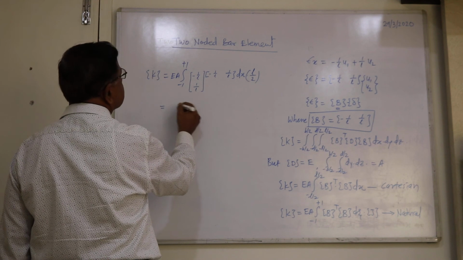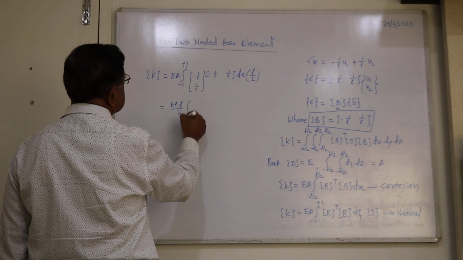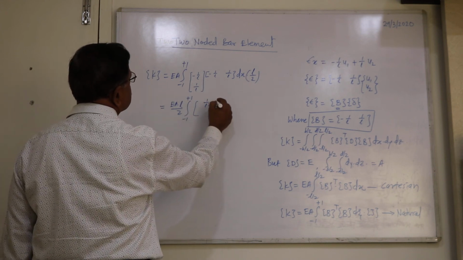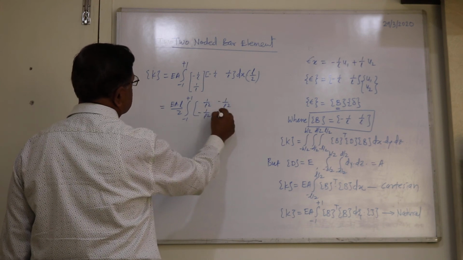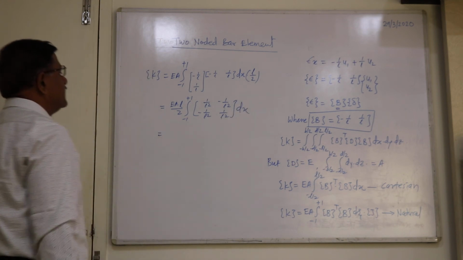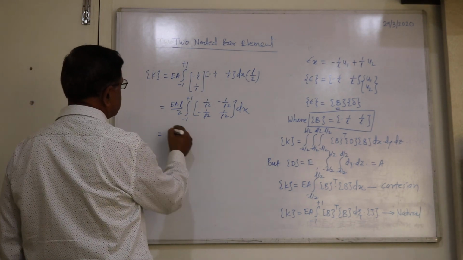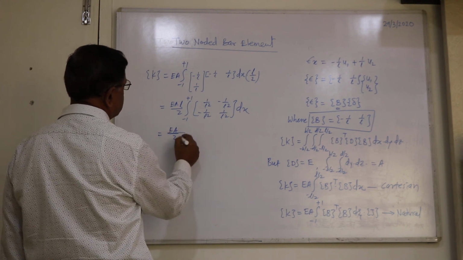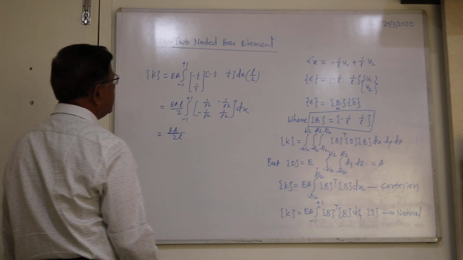So we can take outside EA L upon 2, integration -1 to +1, and this product is 1 upon L square, -1 upon L square, -1 upon L square, and 1 upon L square dxi. Again, we can take L square outside and then integrate. So this becomes EA by 2L, so one L gets cancelled.